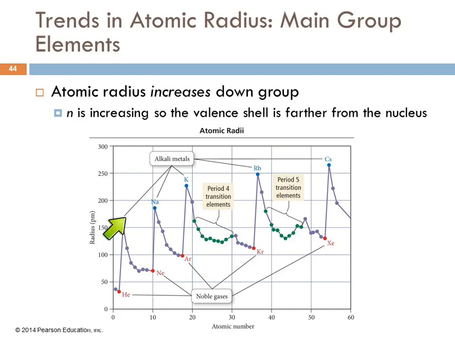But as we go across, let's say from sodium to argon, they get smaller. Now, it's not absolute, like here there's a little blip. This one is smaller than the next one. But we're talking general trends here. As you go across a period in the periodic table, like period 3 from sodium to argon, the ones on the right are smaller.